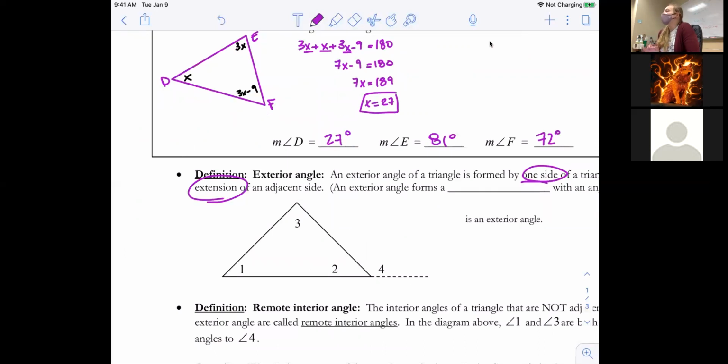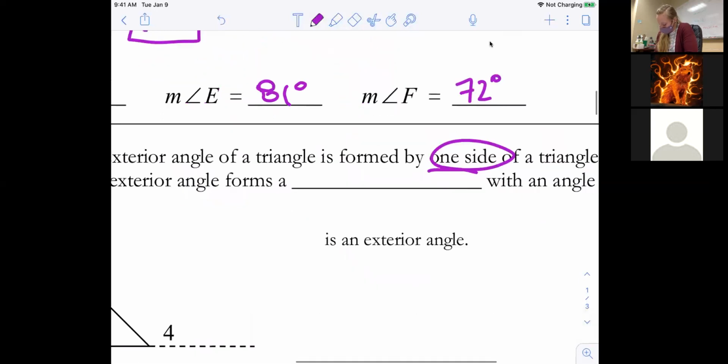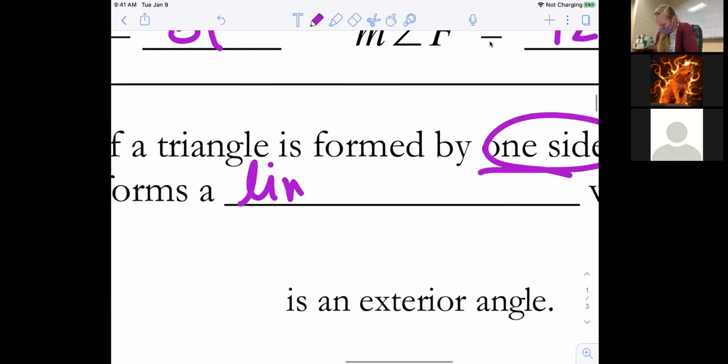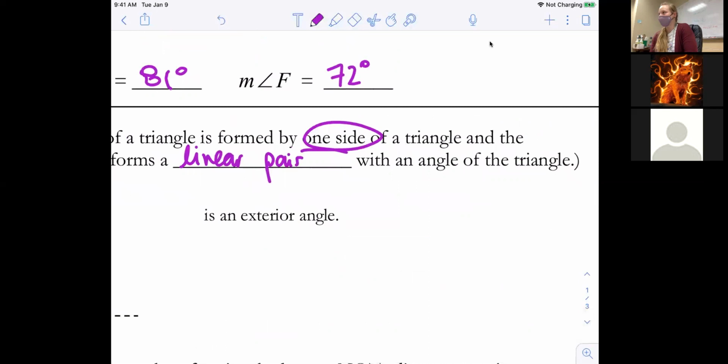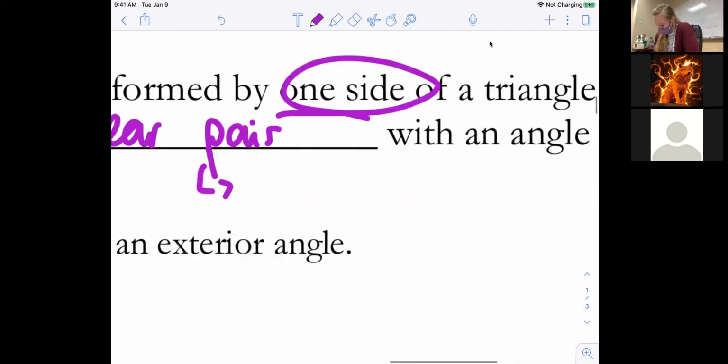So if I were to like extend the line out, it forms a linear pair with an angle of the triangle. And linear pairs are what? Supplementary. As soon as I say linear pair, you should say in your head supplementary.